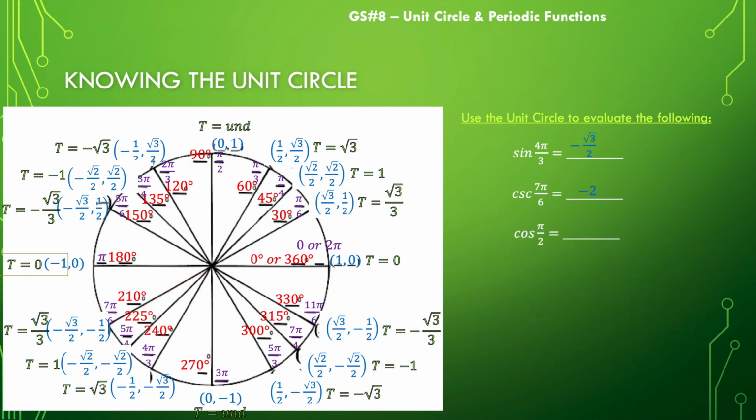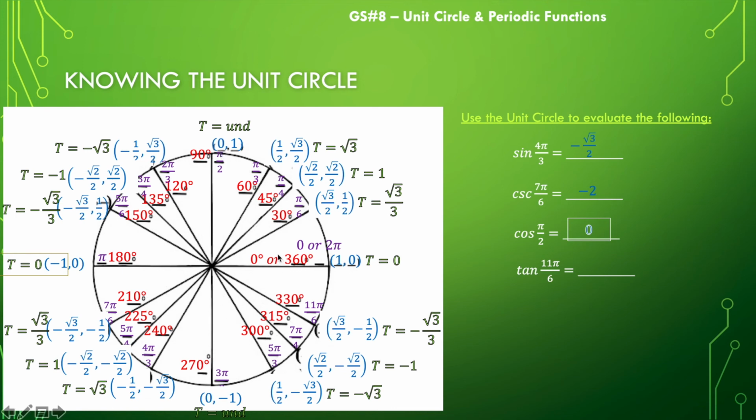All right, cosine of pi over 2. Let's find pi over 2. And then the cosine is always going to be the x value. So I can just look at my coordinate, find the x value, and there we go. It's 0. How about the tangent of 11 pi over 6?